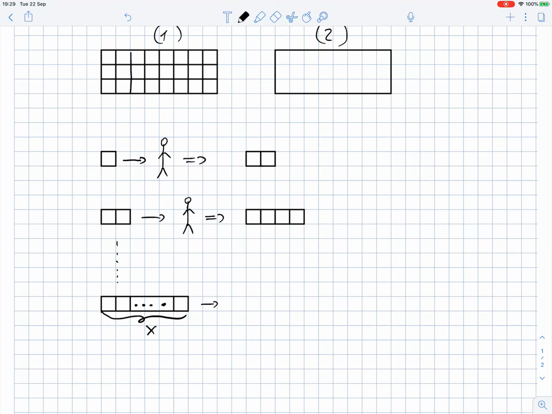Again they will go through your hands, you will apply your magic, and then you will have twice as much, which means you will have two times X, and again you will put them in the second basket.